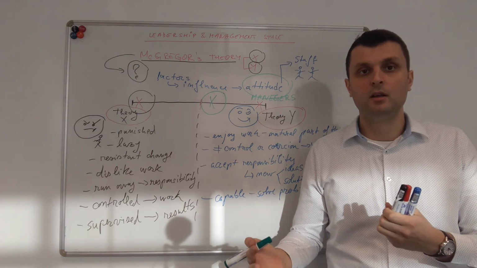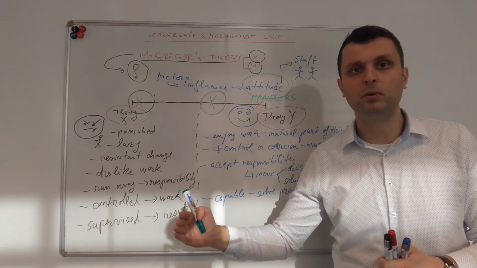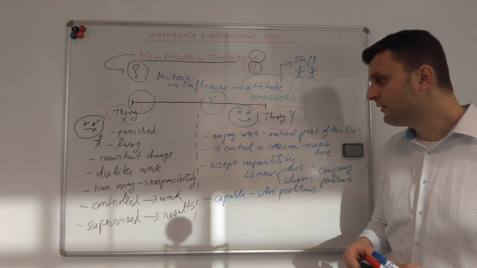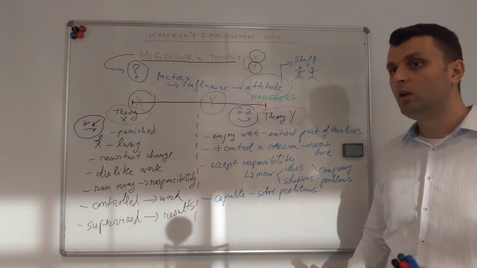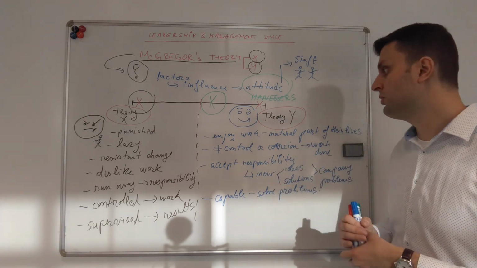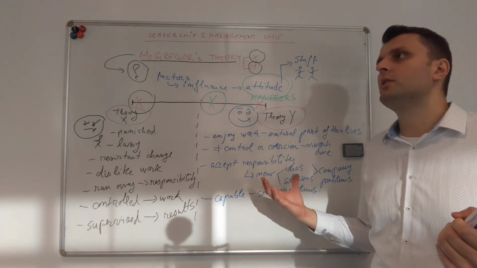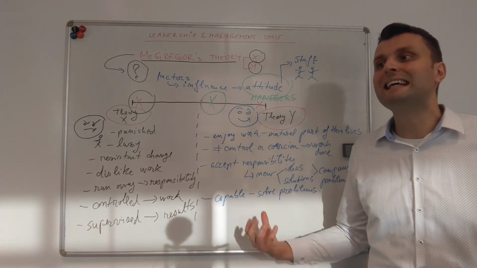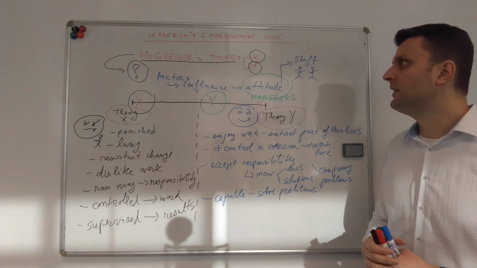Because at the end of the day, not all employees are capable, not all of them want to accept responsibility, not all of them take joy from what they do, and there are situations in which they need to be guided and instructed in order to be capable to deliver.